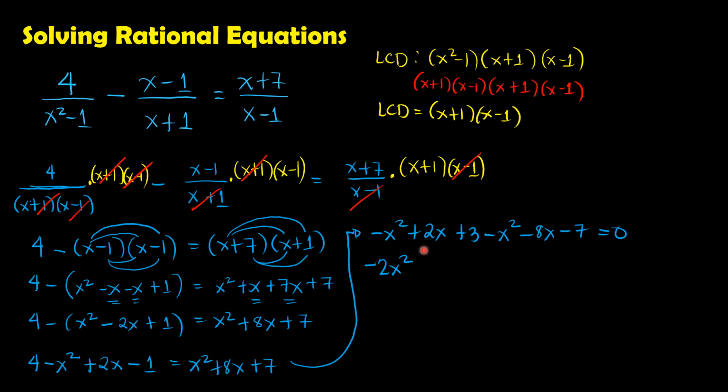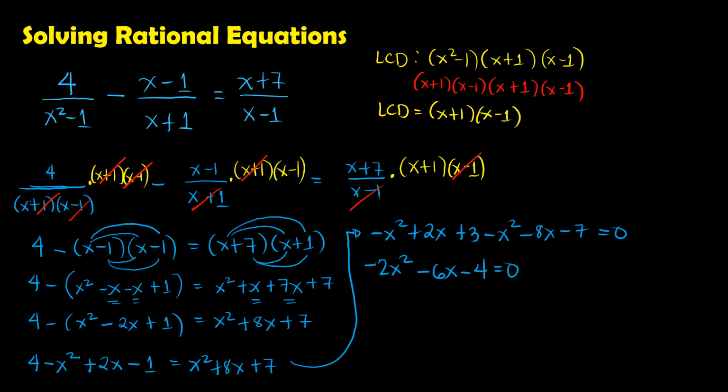So, positive 2x minus 8x is negative 6x. And then, positive 3 minus 7 is negative 4. Then, the right side is equal to 0.